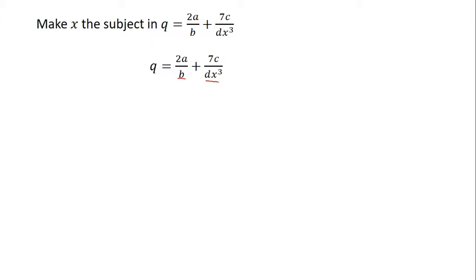So here the two denominators we have are b and dx exponent 3. So what we do is that we multiply b and dx exponent 3 and use it as the LCM.